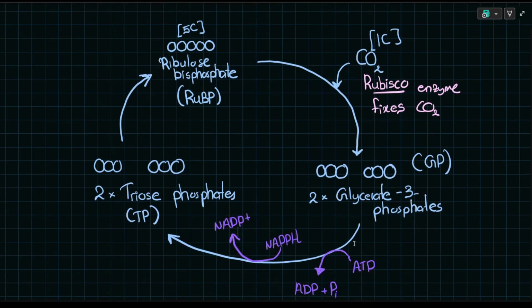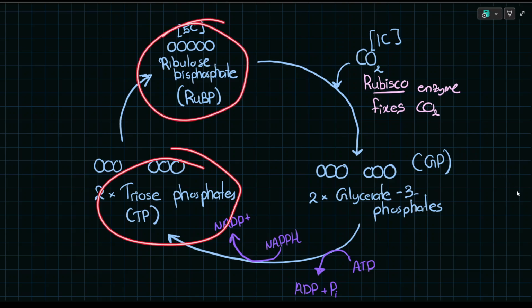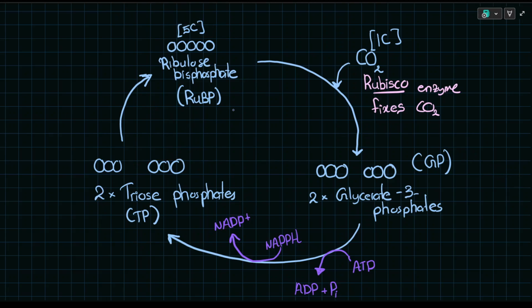And one final little thing: when we are converting TP back to RuBP, we need some energy too. So one final ATP utilization to produce ADP and inorganic phosphate, like so.